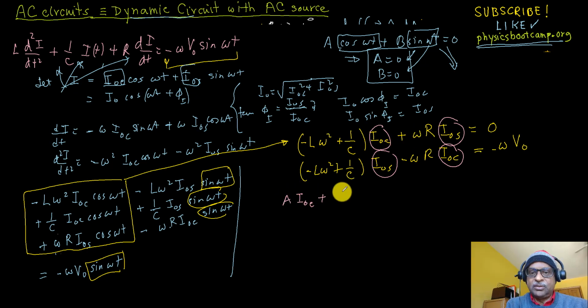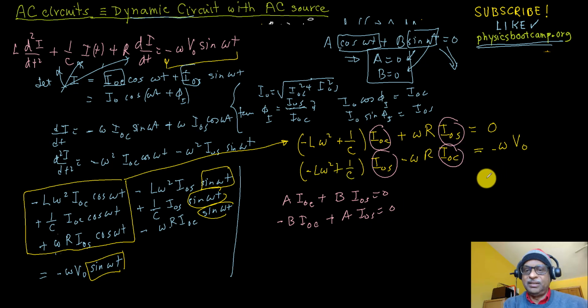Let's call this guy B, plus B I0s equal to 0, and so this is minus B I0c plus A I0s equal to minus omega v0.